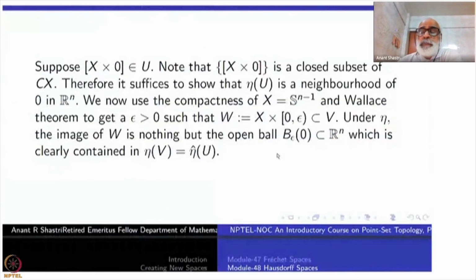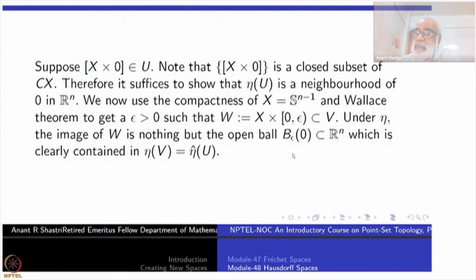If you have a topological space X which is compact and any other space Y, then you look at X cross singleton y inside X cross Y. Suppose it is contained in some open subset V. Then there is a neighborhood U of this y, one single neighborhood of this y, such that X cross U is contained inside V.